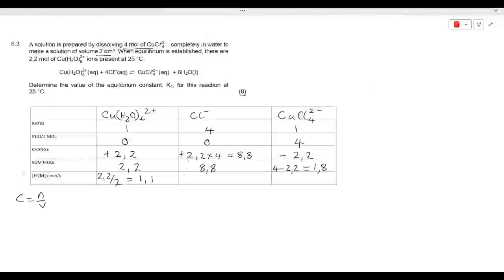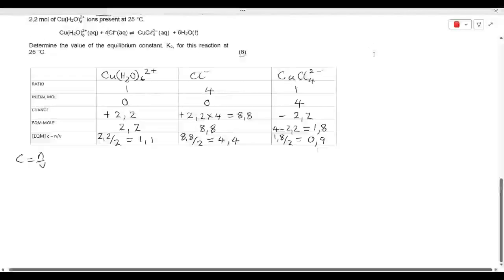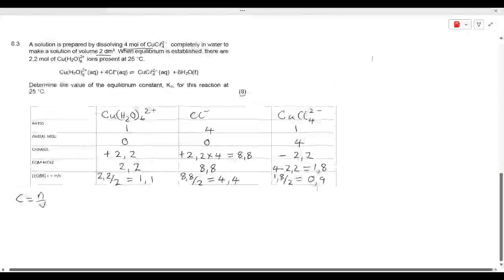And 8.8 divided by 2, which is our volume, we are going to get 4.4. And 1.8 divided by 2 will give us 0.9. So now we have got the concentration at equilibrium here.